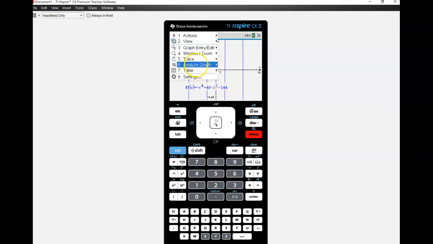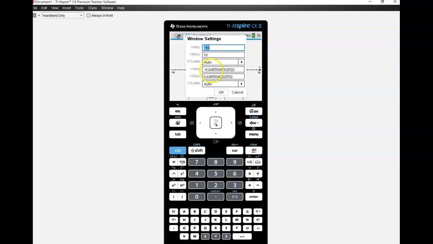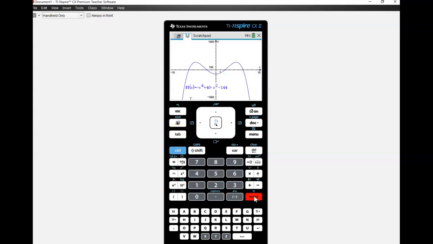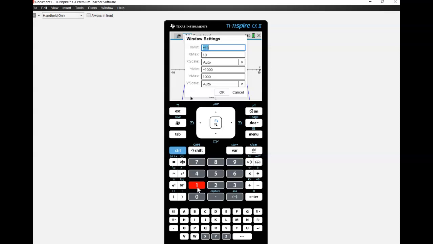So let's go to window zoom, window settings. And you know what? I'm not going to tell you the answer right off the bat. Why don't we go from like negative 1,000 to 1,000? Okay, that's a bit much, right? Because we can't really see all the details. Why don't we go from like negative 400 to 400?